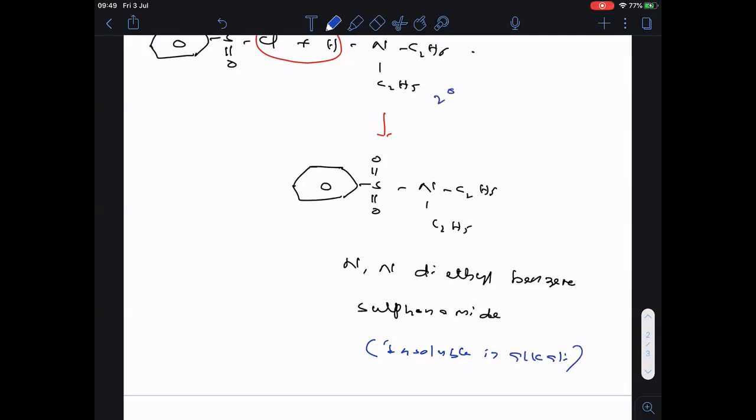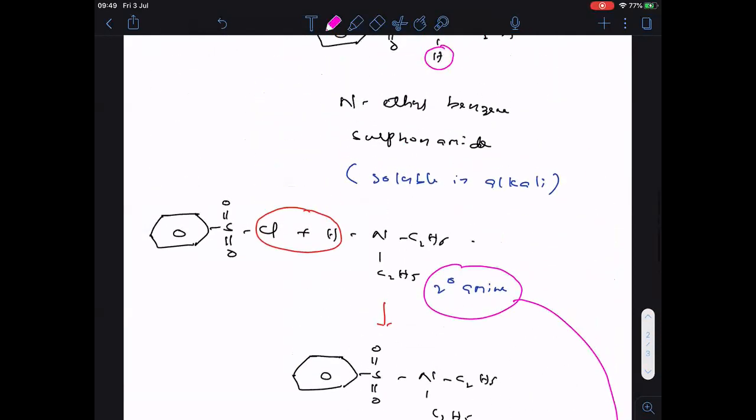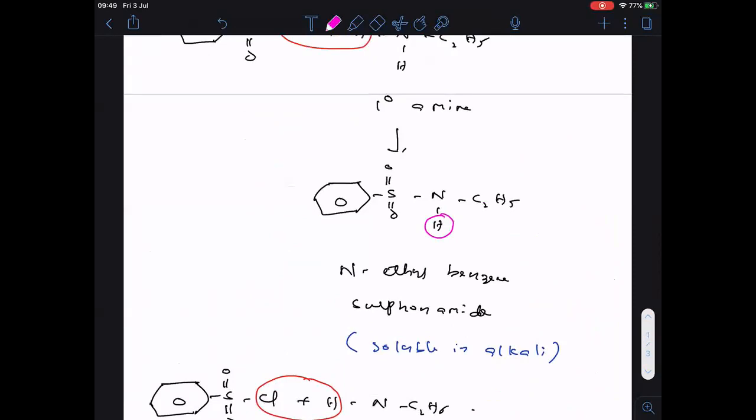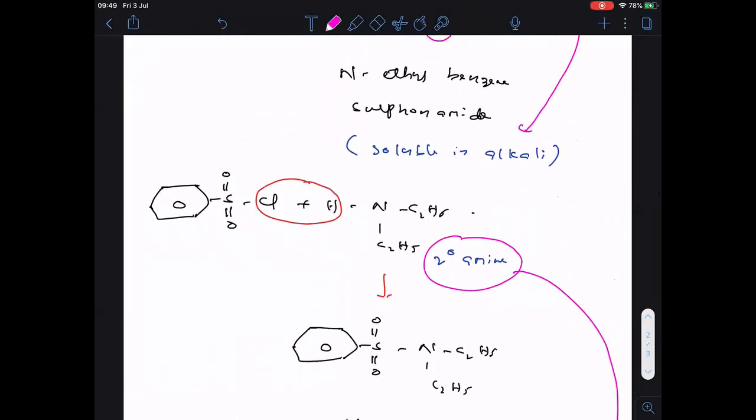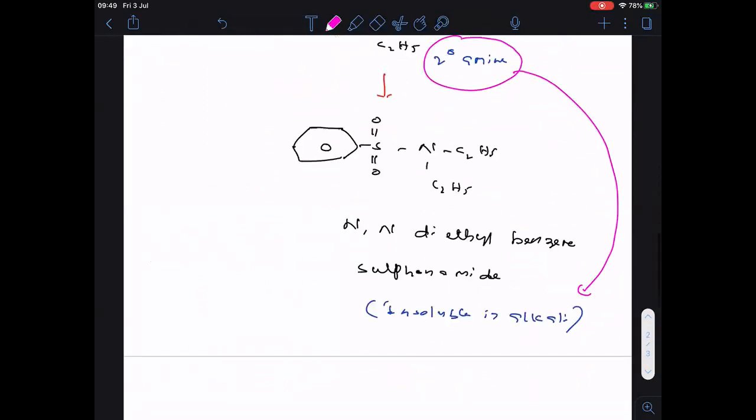So this is the secondary amine. Clear everyone? So try to understand. Secondary amine will give an amide which is insoluble in alkali, whereas in the case of the first one, primary amine will give an amide which is soluble in alkali.